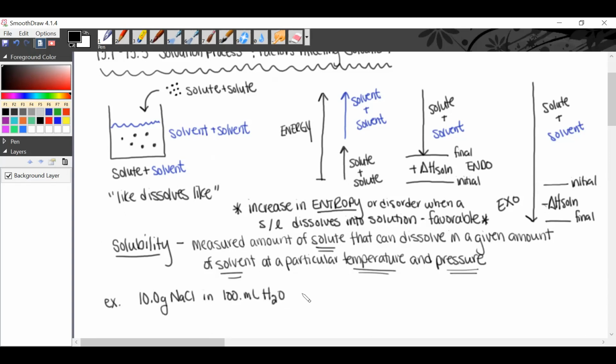I don't know if that's the solubility of sodium chloride. I think it's probably not. You can probably dissolve a lot more than that. But that would be an example. This is how much of the salt can dissolve in a certain amount of solvent at a particular temperature. Whenever we're referring to the normal solubility of something, the pressure would be 1 atmosphere.